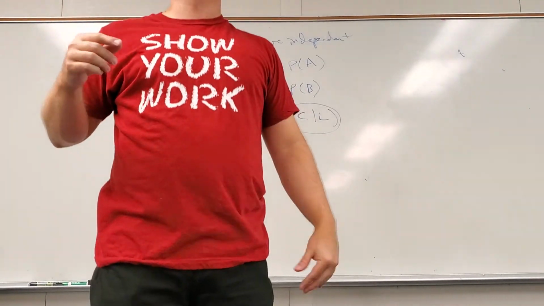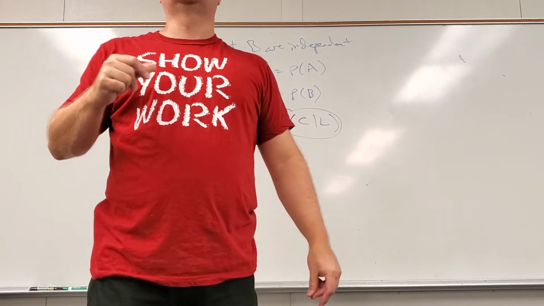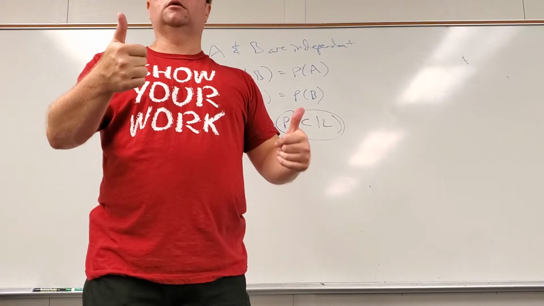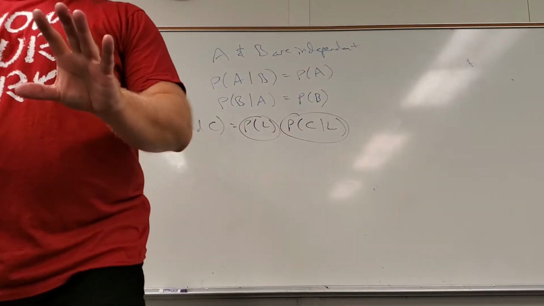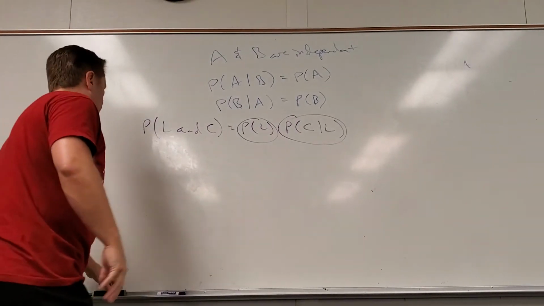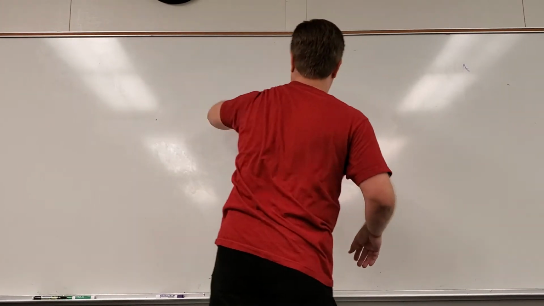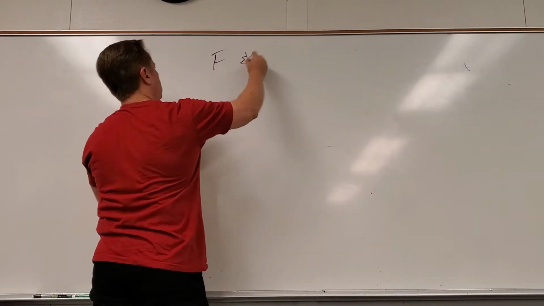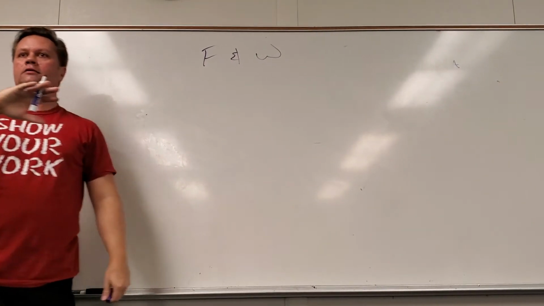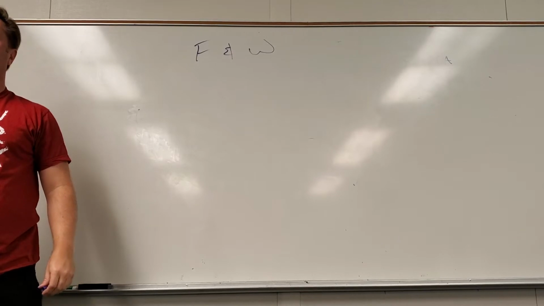When you're plugging in the numbers, are they supposed to equal 0? No. I'm not sure what you mean. The only thing I know: if I told you that events F and W are mutually exclusive, what can I write down immediately?